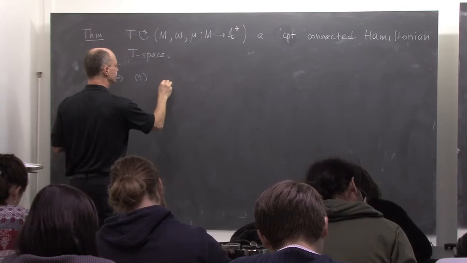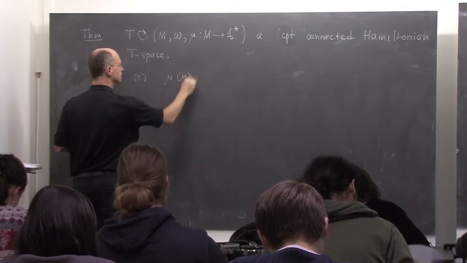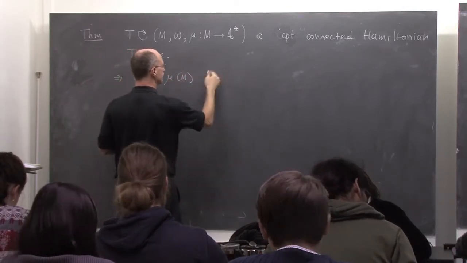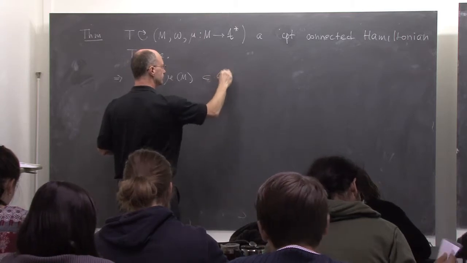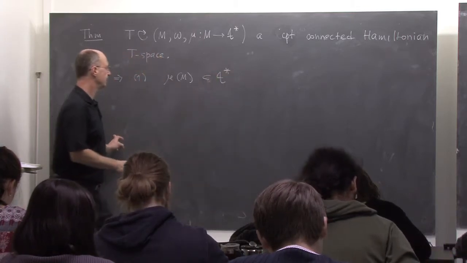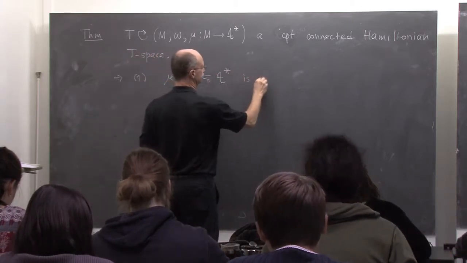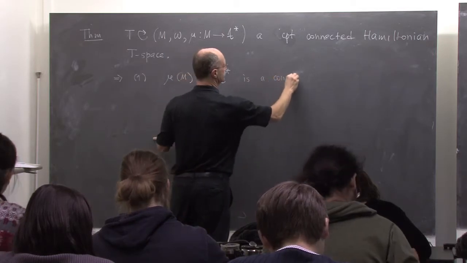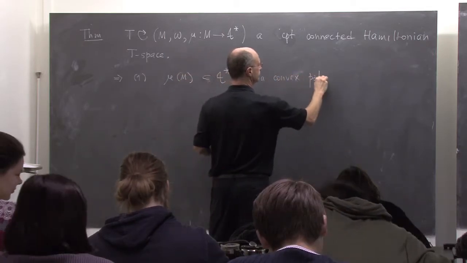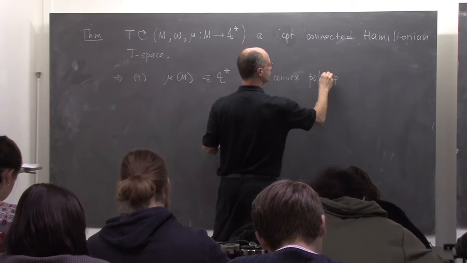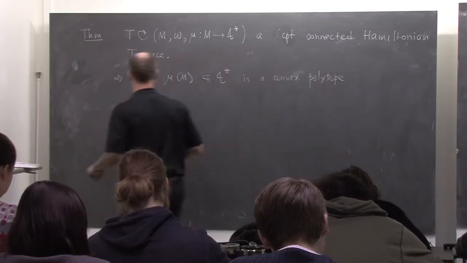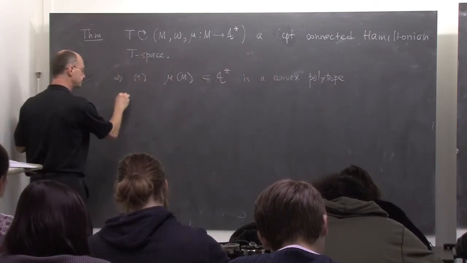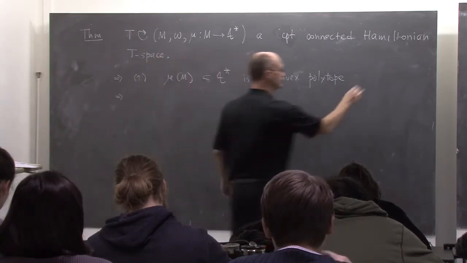And then there are 2 things. First of all, the image of M inside T star is a convex polytope. And this statement we actually proved.